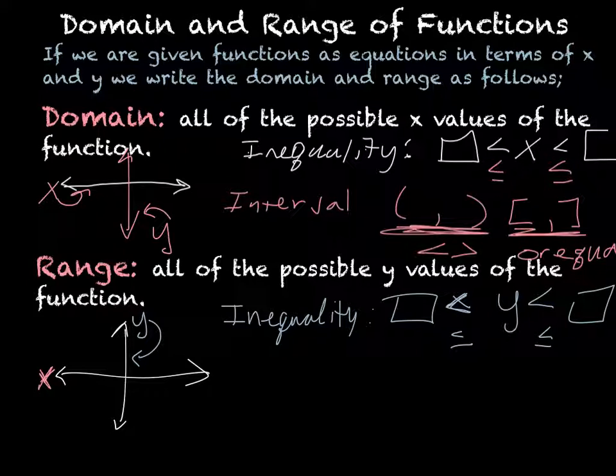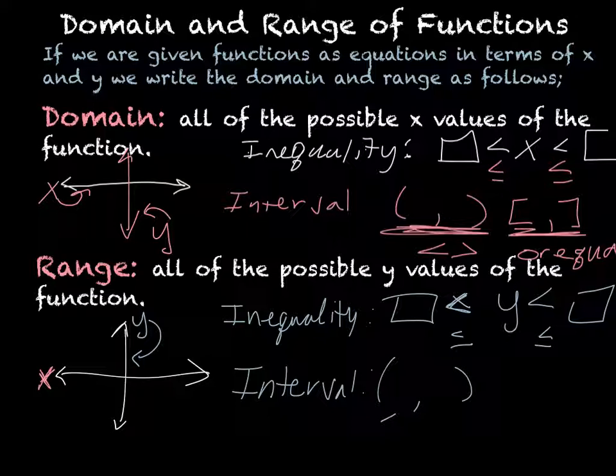So we can still do it the same way, or we can use interval notation, which uses parentheses for your less than or greater thans, and then square brackets for anything that is less than or equal to, greater than or equal to.